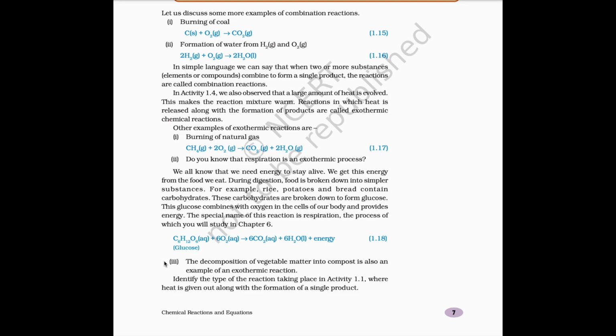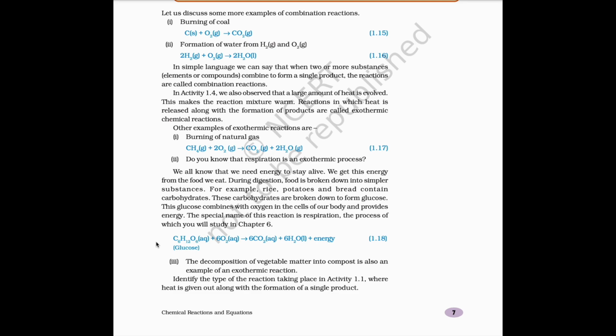These carbohydrates are broken down to form glucose. This glucose combines with oxygen in the cells of our body and provides energy. The special name of this reaction is respiration, the process of which you will study in chapter 6.